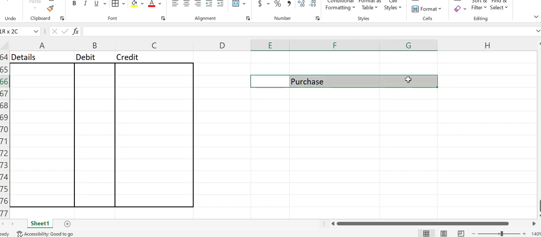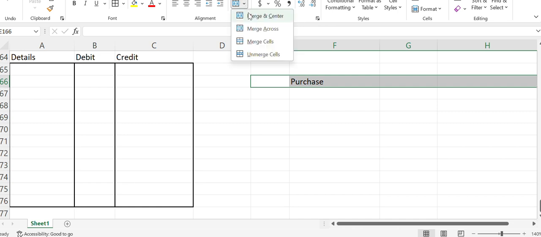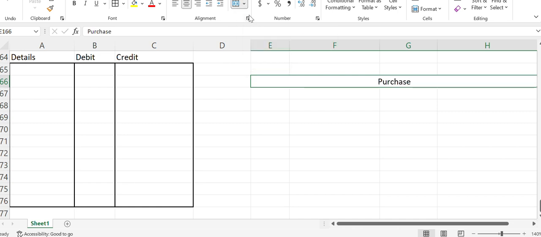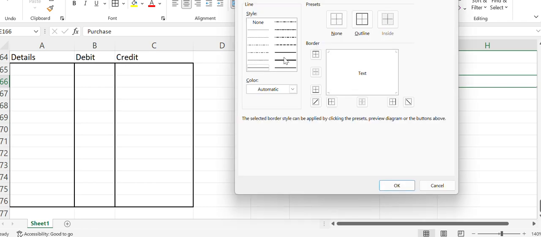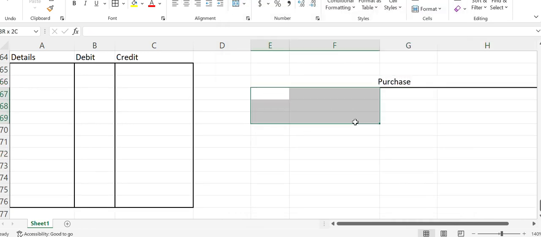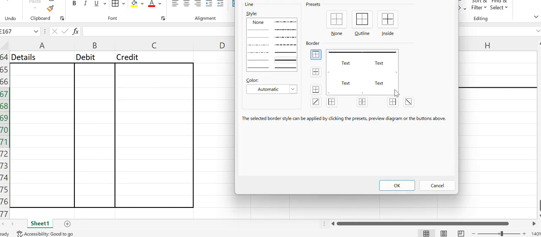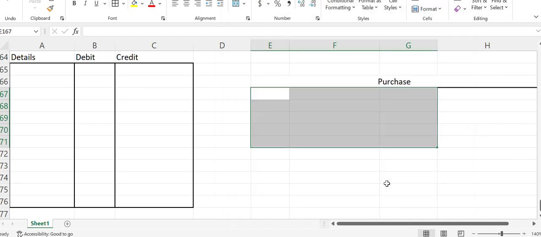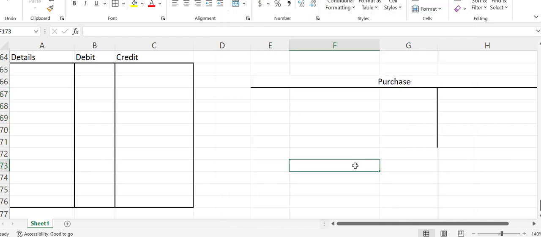For example, this one is the purchases account. The reason why I'm opening this account is to help us not commit any mistake when adjusting those errors. Remember, there are two types of errors here. We have errors that affect the trial balance and errors that do not affect the trial balance. How do you know which is which? This one is very easy.